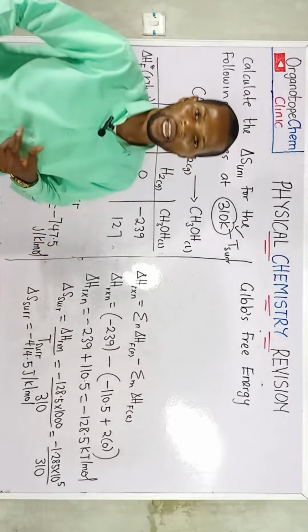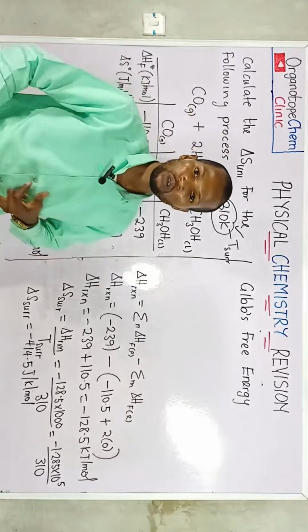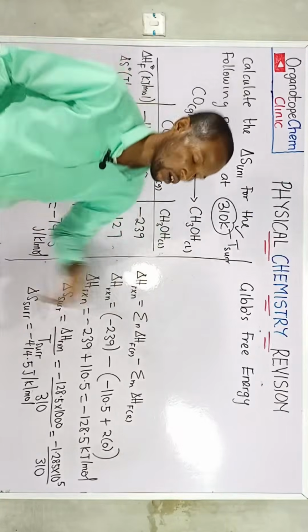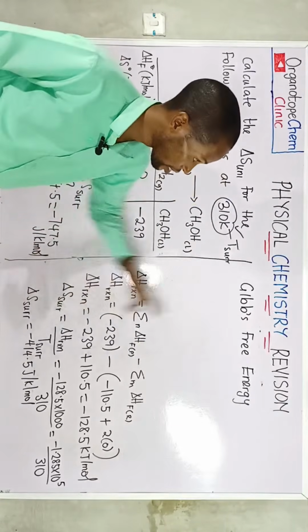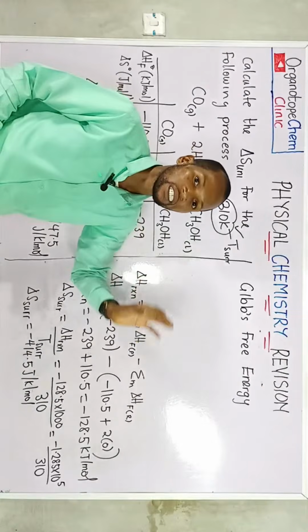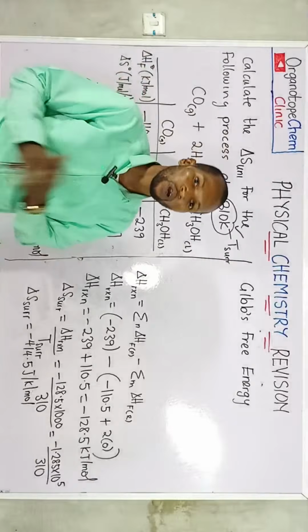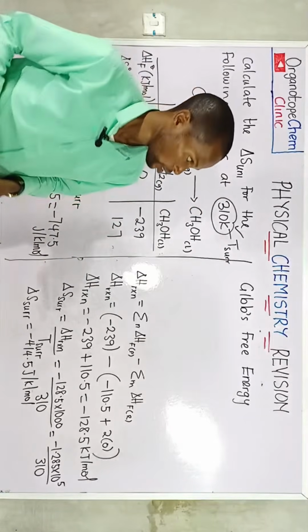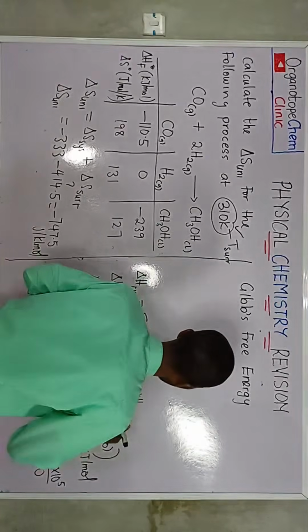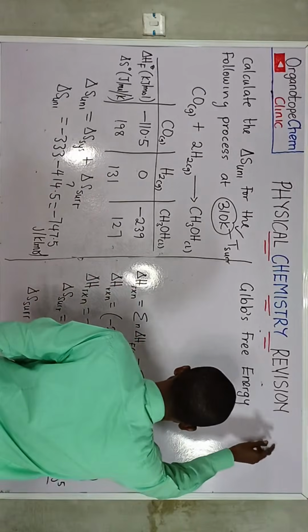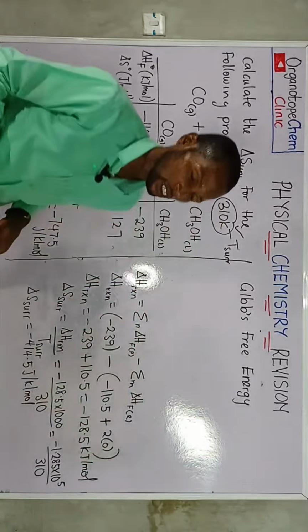We started with enthalpy, we moved to entropy, now we are on Gibbs free energy. Now the Gibbs free energy as well as the entropy determines the spontaneity of reaction. So before I proceed with the formula, let me talk about spontaneity.